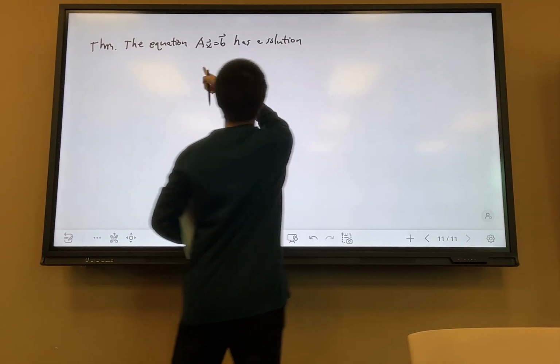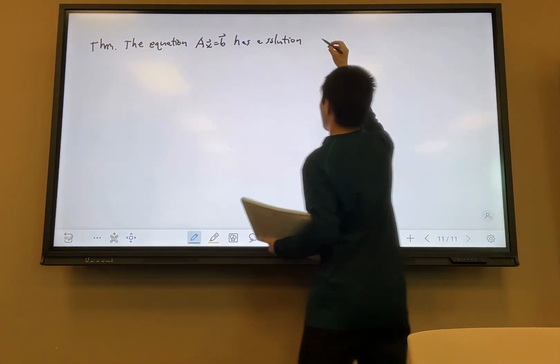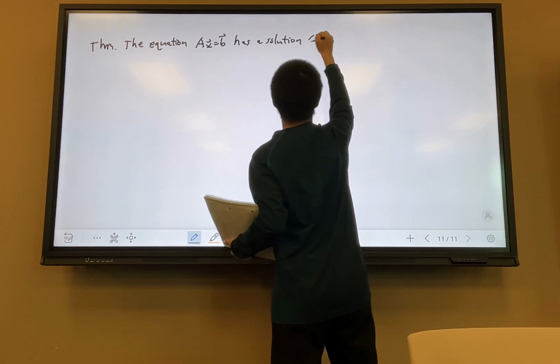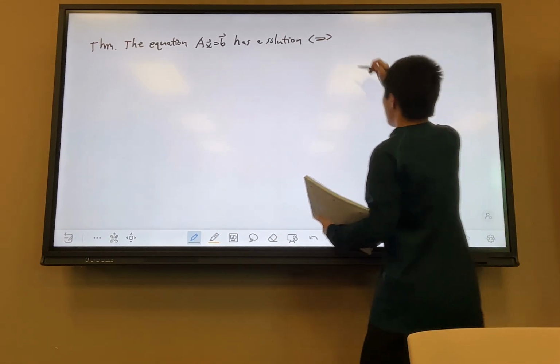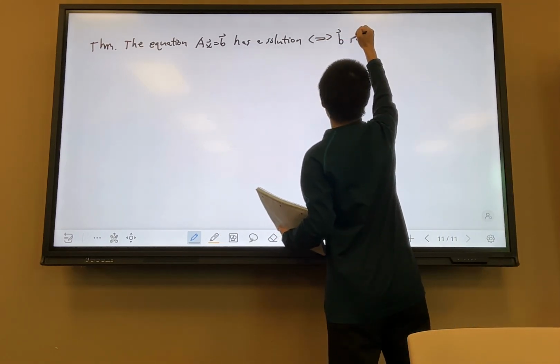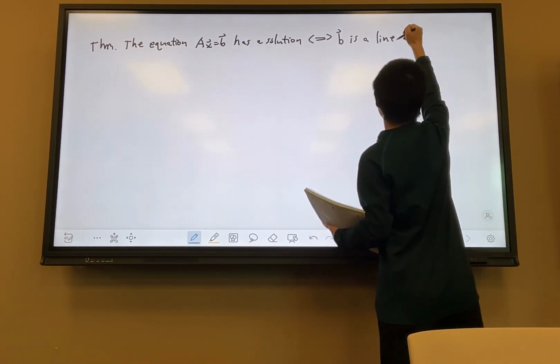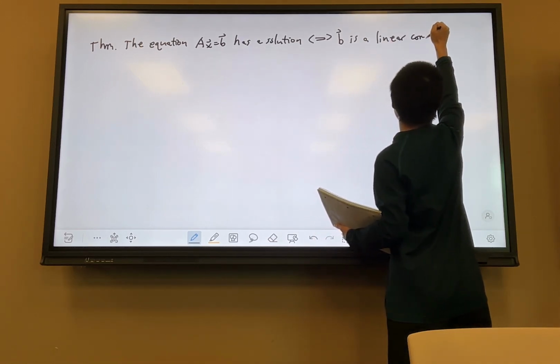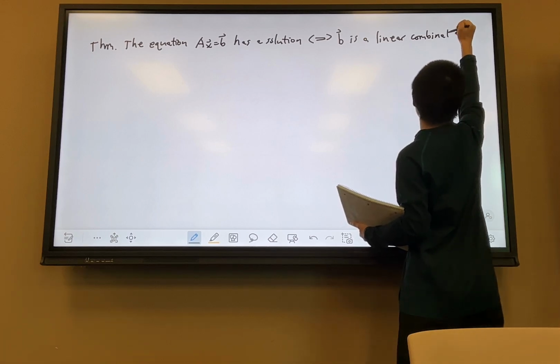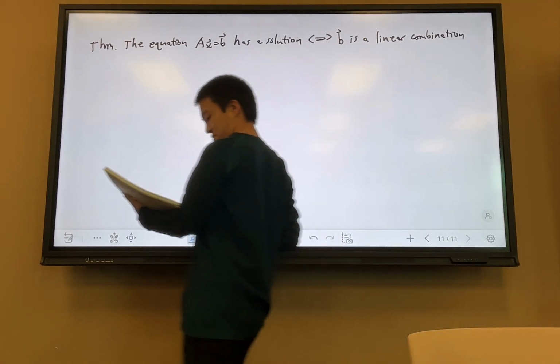If I claim that this matrix equation has a solution, I could equivalently state that the vector b is a linear combination of the columns of A.